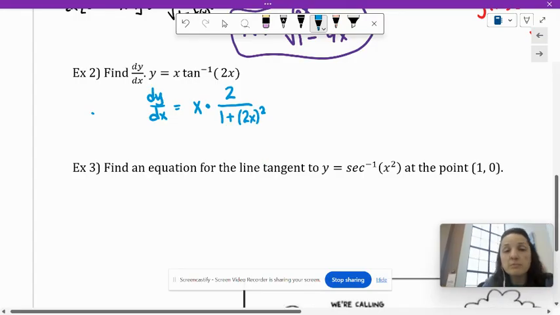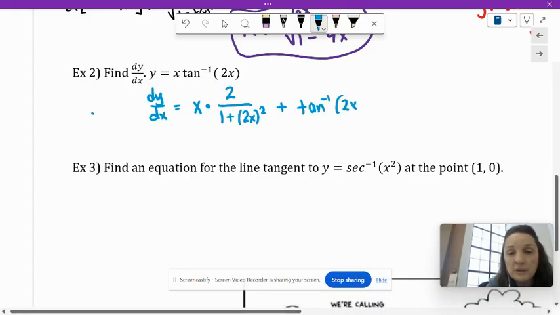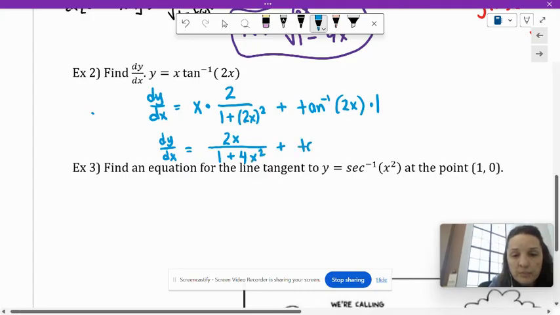Then plus the second times the derivative of the first. I would very much encourage you to condense this because it's kind of dangerous the way it's looking right now. If you miss one parenthesis, everything goes wrong. And there's your derivative.